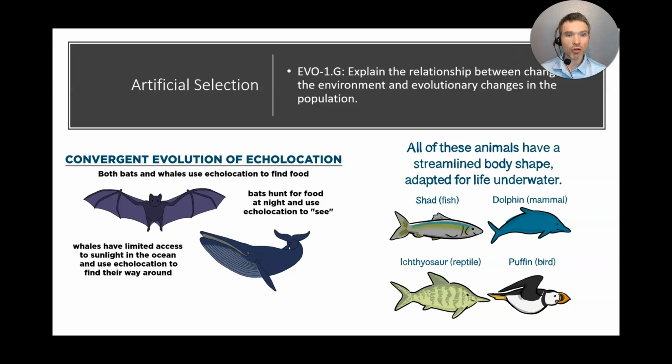Okay. All 4 of these, you'll notice, have a very streamlined body shape. That's because they need to move through the water very quickly. However, you can see that all 4 of these individuals have a different ancestor. Okay? So this is once again what we describe as convergent evolution.